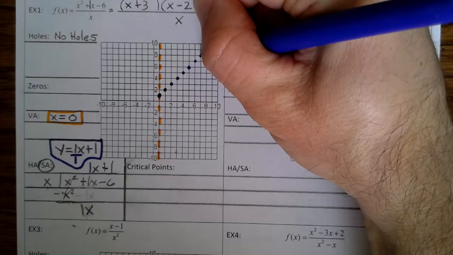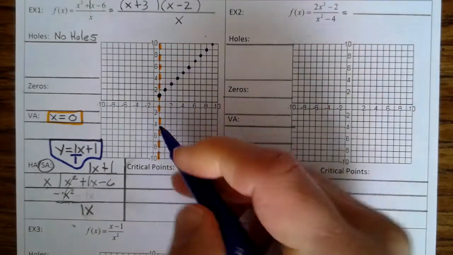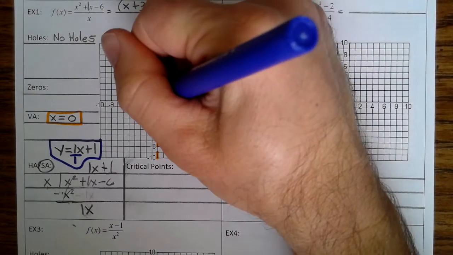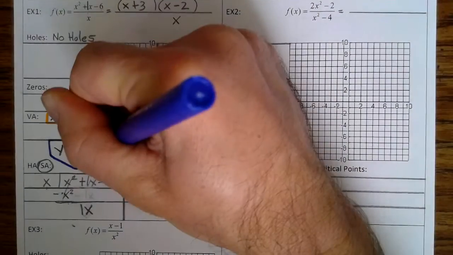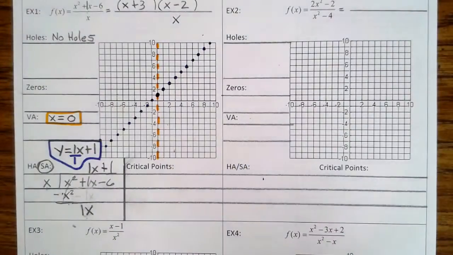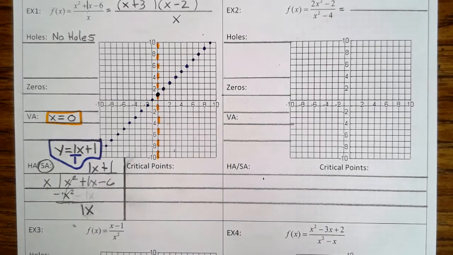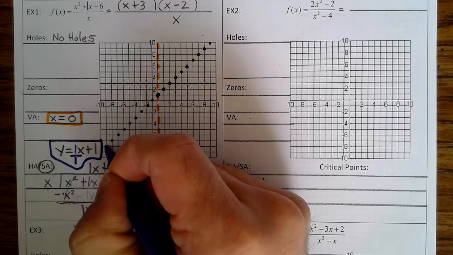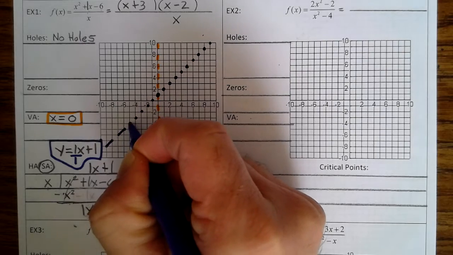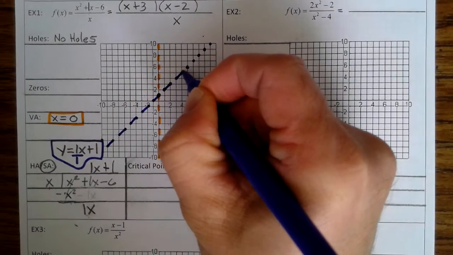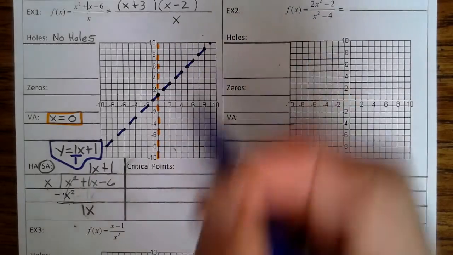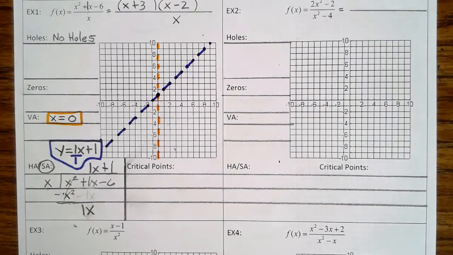And then you can go the corresponding down one to the left one. Now, slant asymptotes are dashed lines.